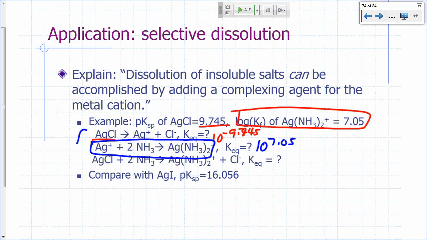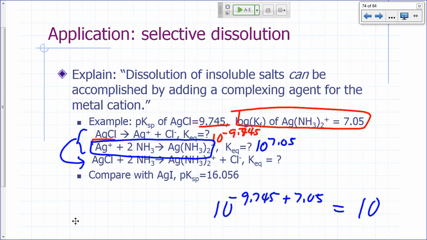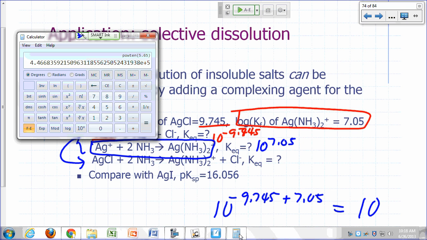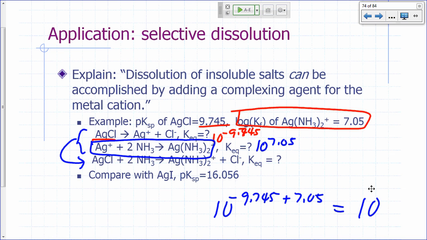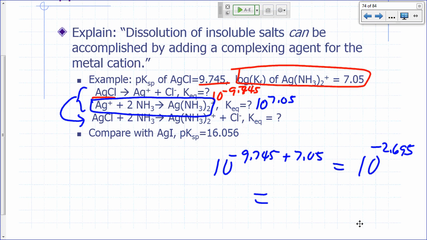If you combine these two reactions to get the overall reaction, the KEQ would be 10 to the negative 9.745 plus 7.05, which is negative 2.695. That's somewhat small, but that's big enough to cause your silver chloride to dissolve.